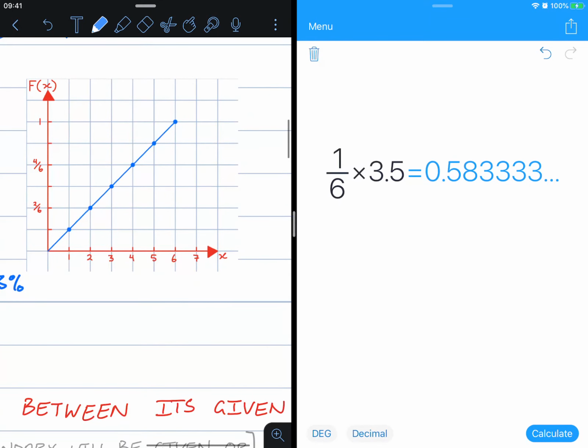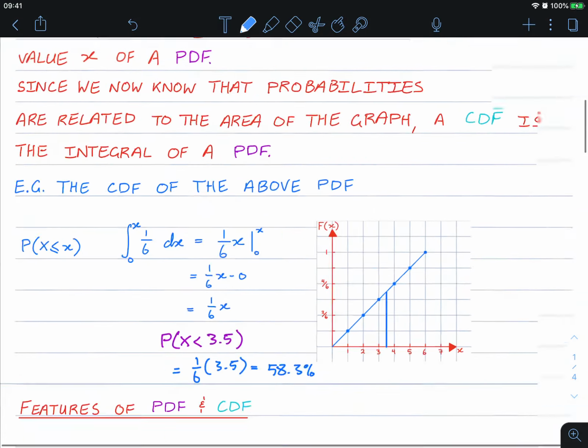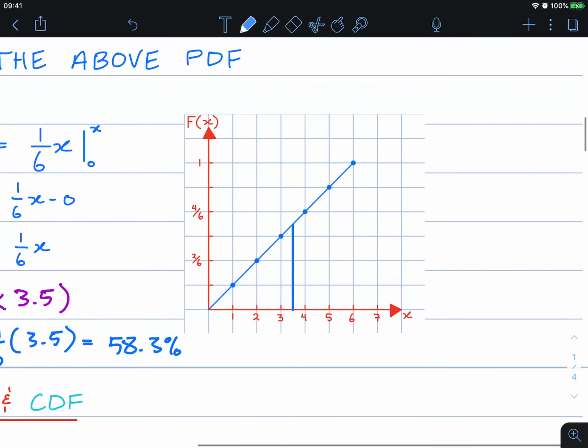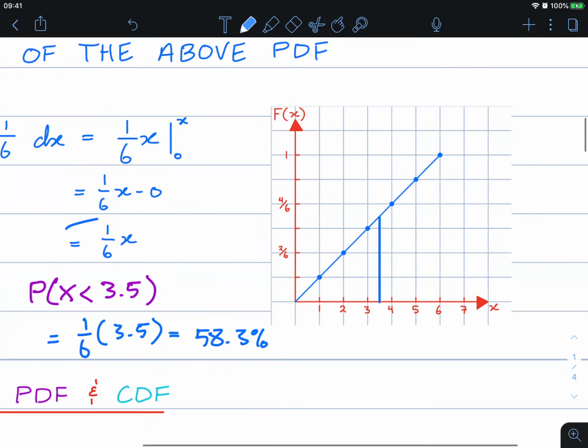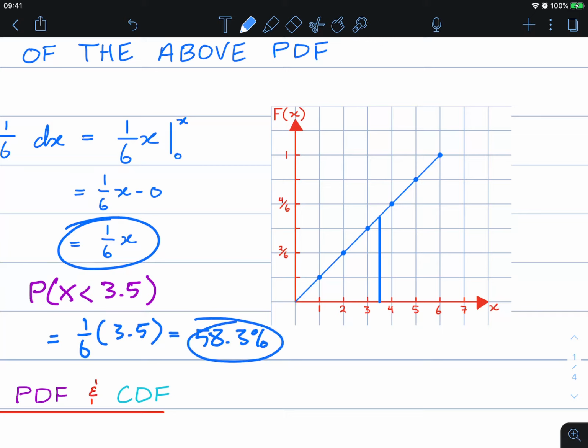So 3.5 is about here. So what's the probability that this random number generator picks any number from 3.5 and less? Well, that probability is given with this function, 58.3%.